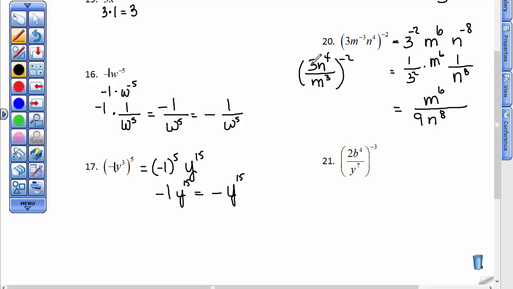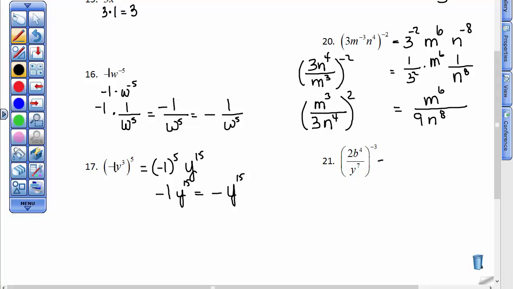If you have a fractional expression raised to a negative power, you're allowed to rewrite it as the reciprocal of that fraction, m to the 3rd upstairs, 3 n to the 4th downstairs. But when you do that, when you flip that, this becomes a positive 2. That's like thinking of this whole thing as 1 over this fraction to the positive 2 power. And then would you notice that m to the 3rd squared is m to the 6th, 3 squared is 9, and n to the 4th raised to the 2nd power is n to the 8th.